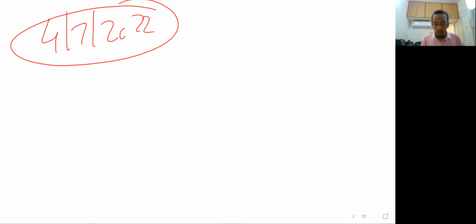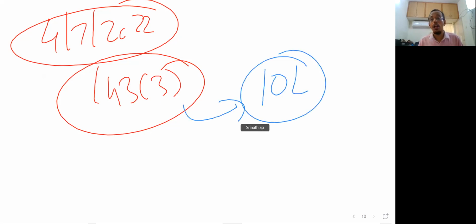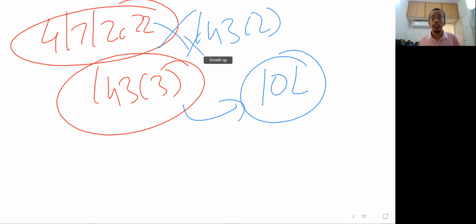Then after that, 143.3 assessment was passed. When 143.3 assessment was passed, it gave you a demand of 10 lakhs. Now assessee sees the demand and tries to find a reason. So he now says, this 143.2 notice is not valid in law. He says this after receipt of the 143.3 order.